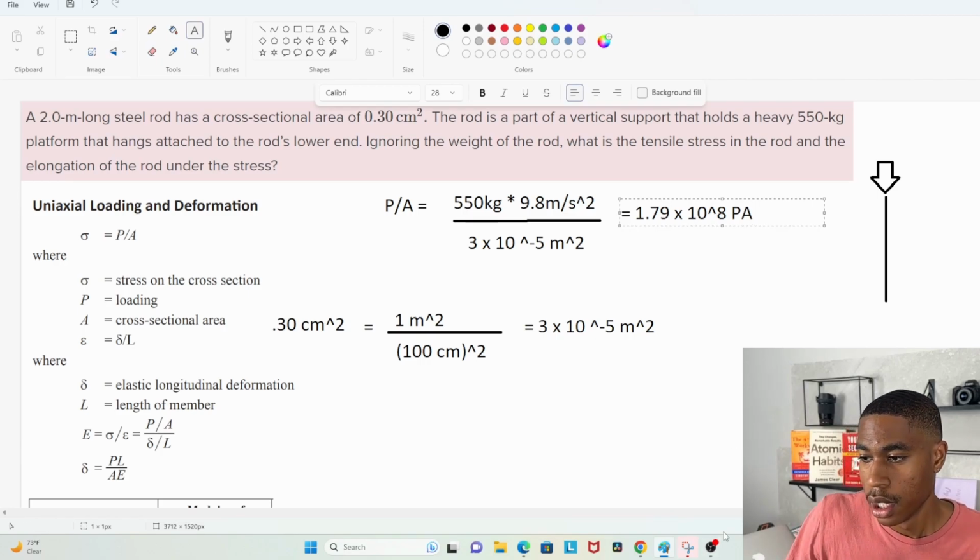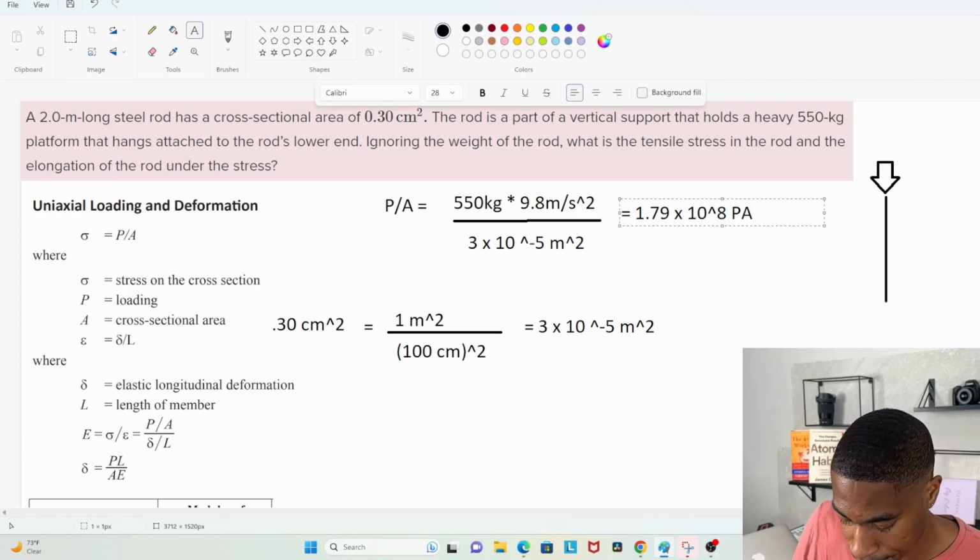Okay. And so I'm just going to say this is 1.8, round it up, times 10 to the 8th pascals, and that's my stress.